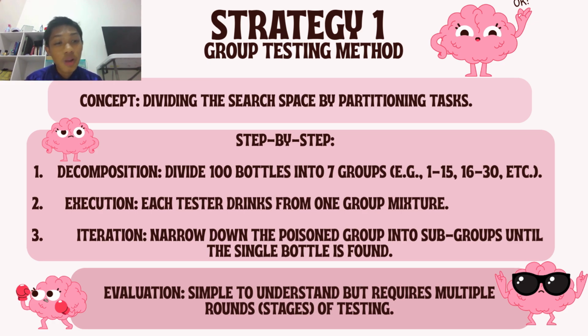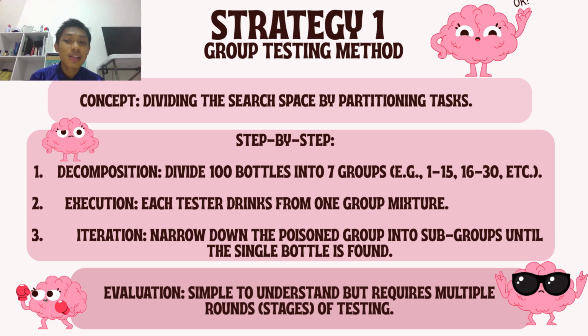For strategy one, we are going to do the group testing method. It's a traditional method to find where the poison is. Please help me, guys. So, our first approach is the group testing method. Here, we apply decomposition by dividing the 100 bottles into 7 groups because we have 7 testers.